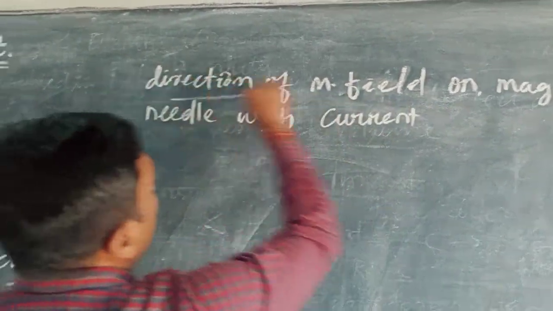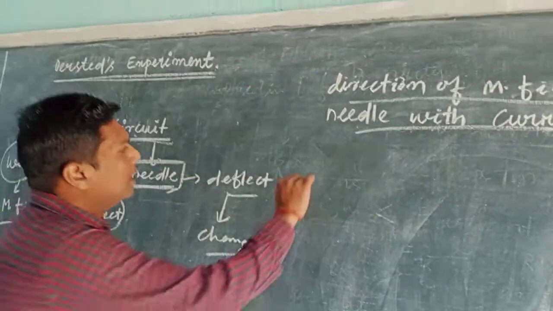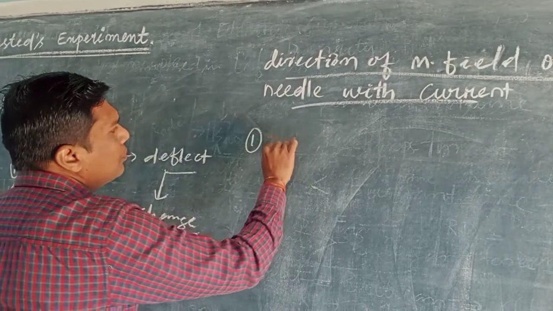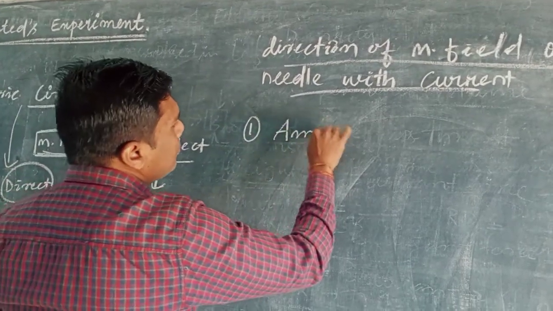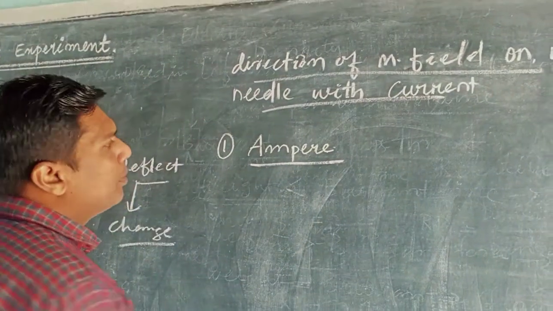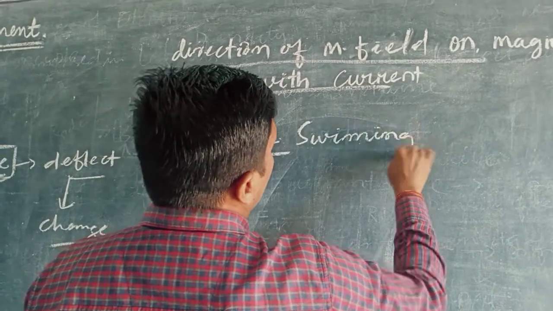So there are some rules. The first rule is known as Ampere's swimming rule.